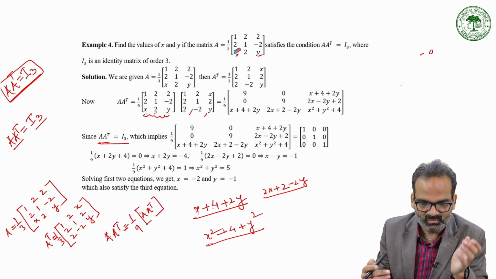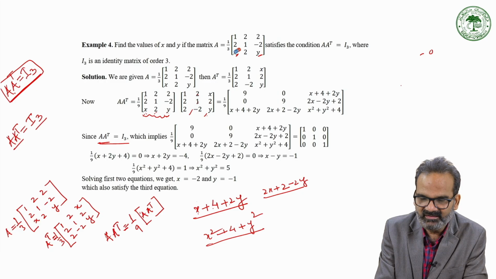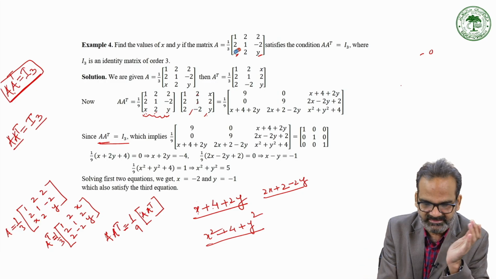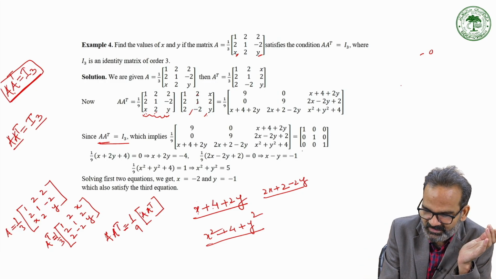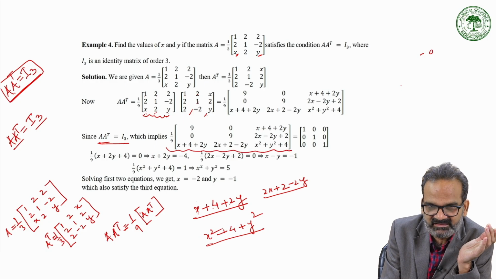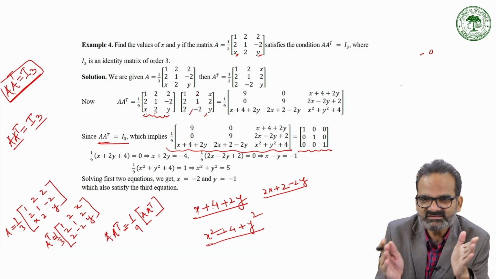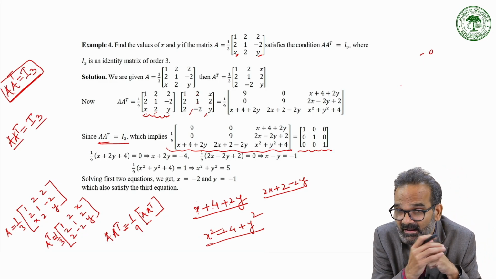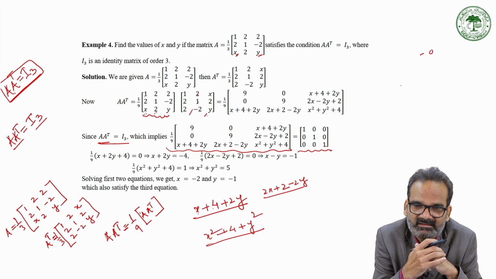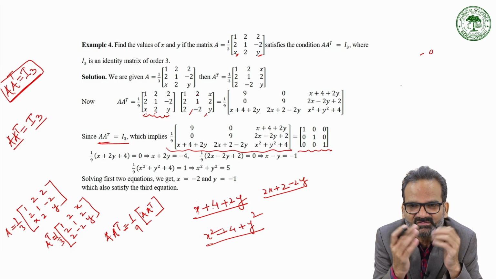We have obtained the product of A and AT, so this matrix should be equal to the identity matrix. This is the matrix of the product A and AT, and this is your identity matrix. Clear? So these two matrices are equal, and you know that equality of two matrices gives you what?